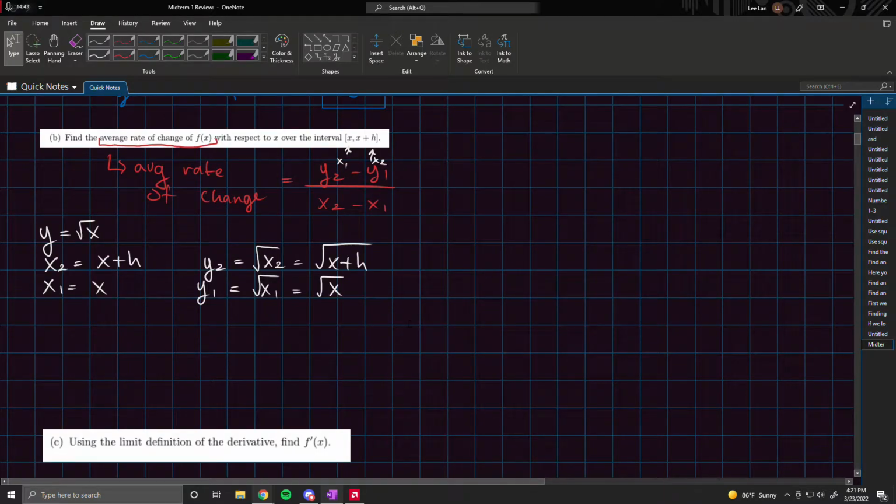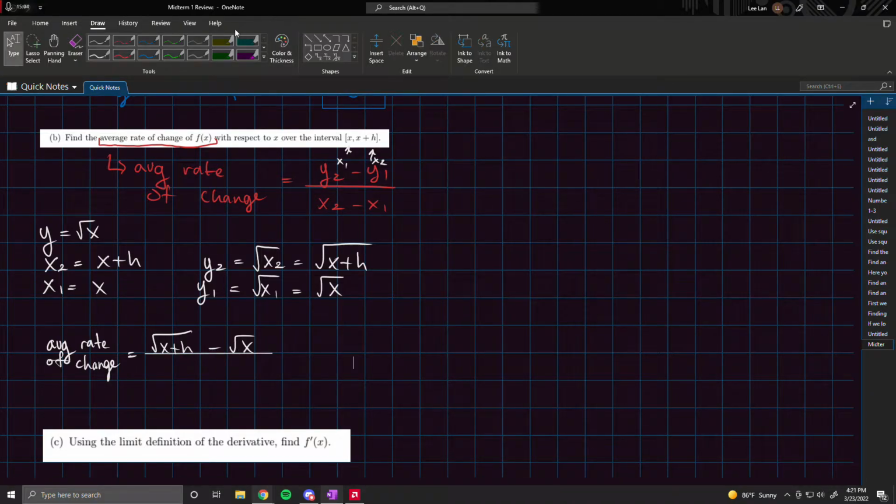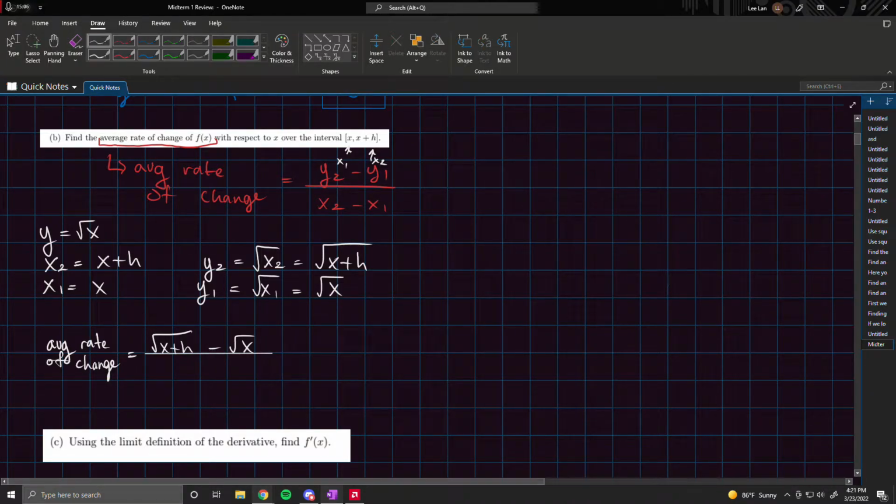Now we can just plug everything into our formula. So the average rate of change will be equal to y2, root x plus h, minus root x, all over x2 minus x1, so it's x plus h minus x.